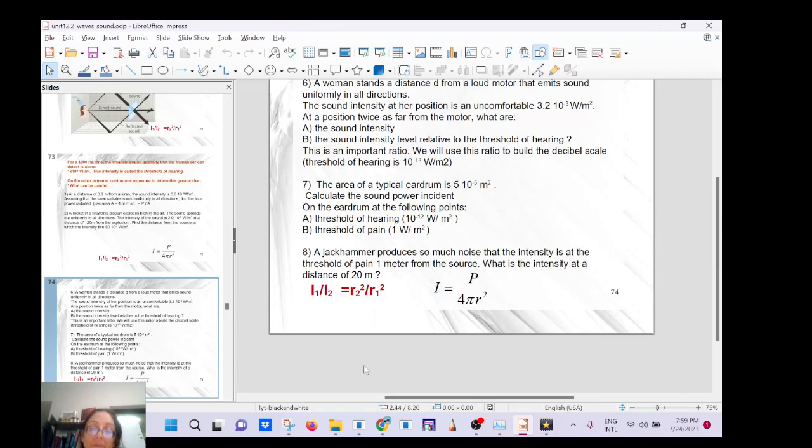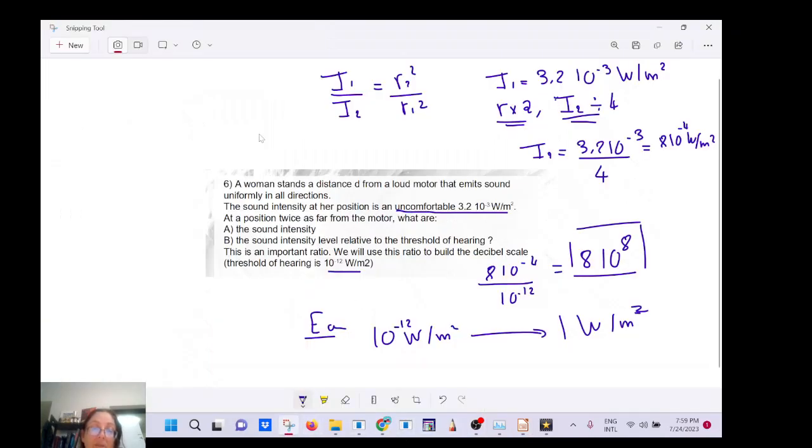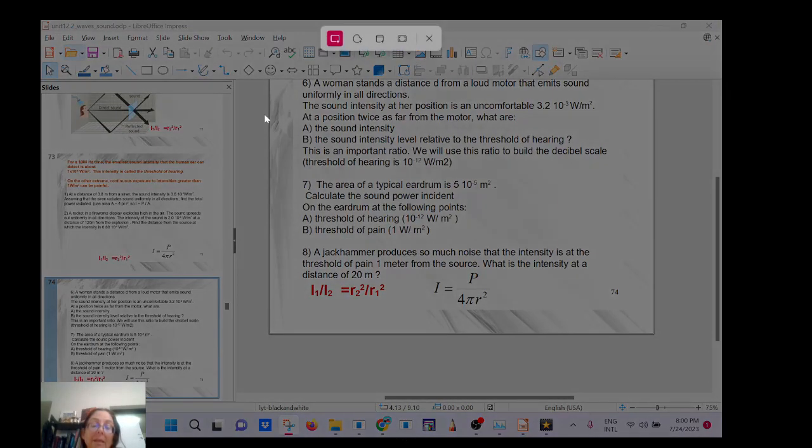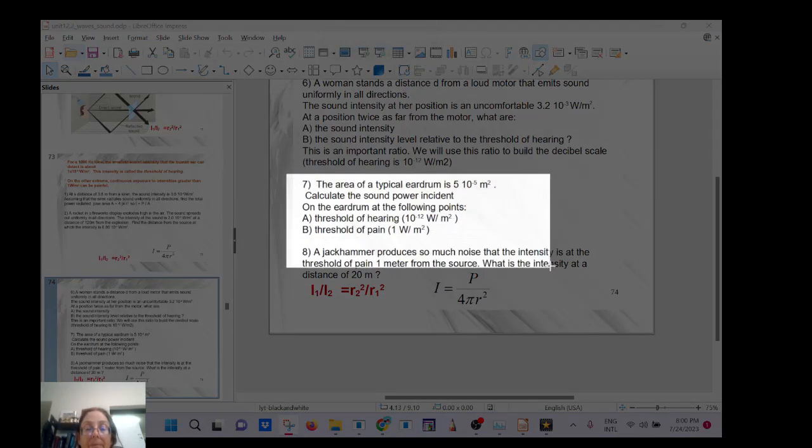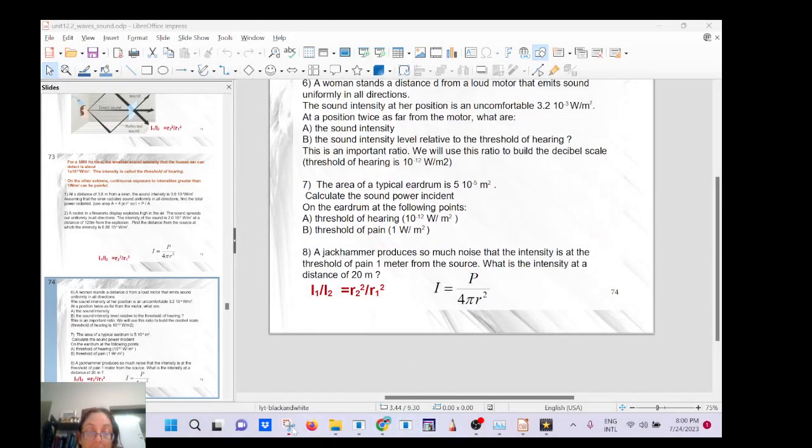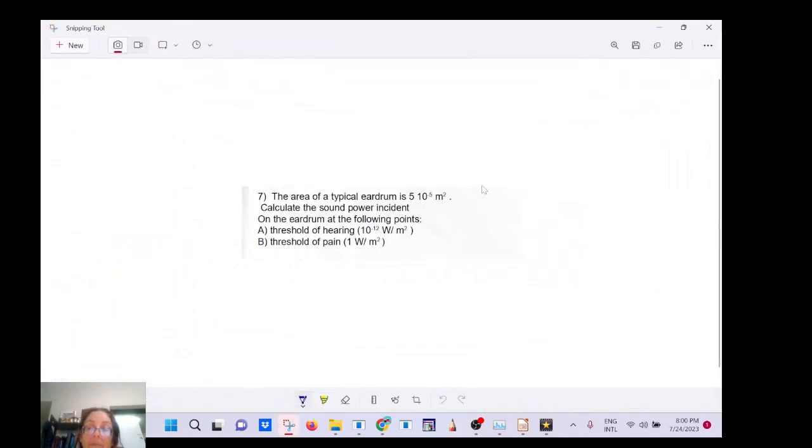Okay, so eardrum. You see, they talk about eardrum here. So this is the area of our eardrum. The threshold of hearing means you have a power of 10 to the negative 12 watt for 1 meter square.